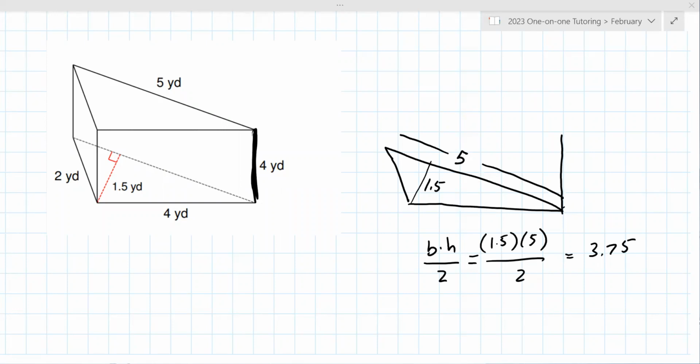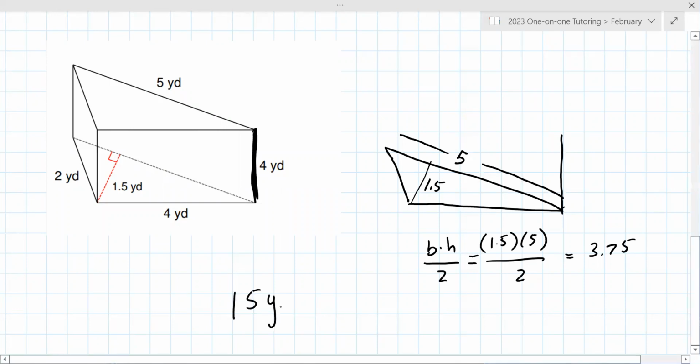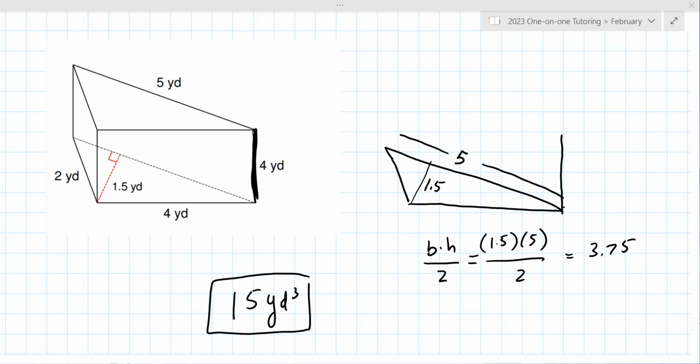That would be 15, right? 15 meters cubed. 15 yards cubed, or cubic yards. So what's the point of the 4 and the 2 on the side, to distract you? Oh, extra information. So I teach an SAT class, and that's one of the things that you will see: extra information that's irrelevant, or not important.